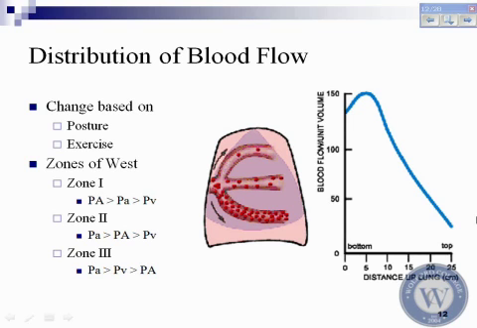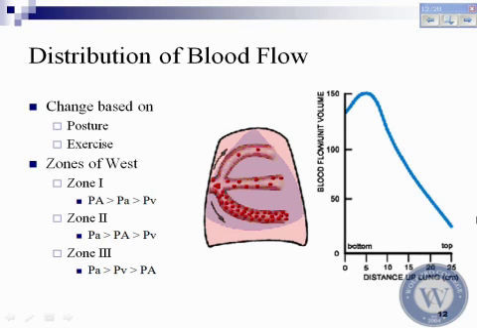Zone 3 is where most perfusion takes place. The base of the lung is where all the blood's going to go. That's zone 3. There are 3 designations that we use for these zones: the alveolar zone, the arterial zone, and the venous zone.